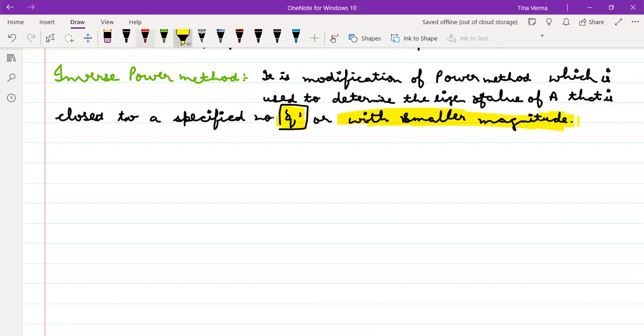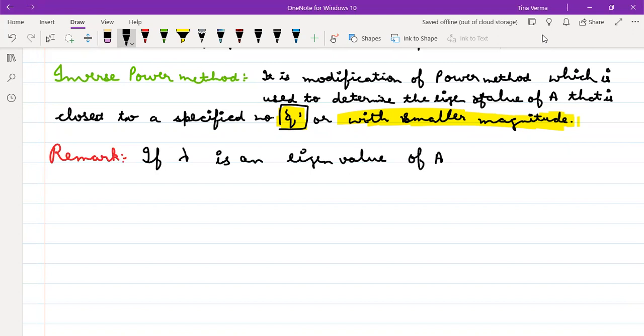So you can just remember what you have earlier done: if lambda is an eigenvalue of A, then these properties hold, that lambda raised to the power k is an eigenvalue of A raised to the power k.